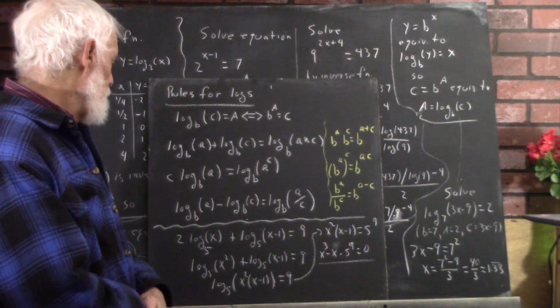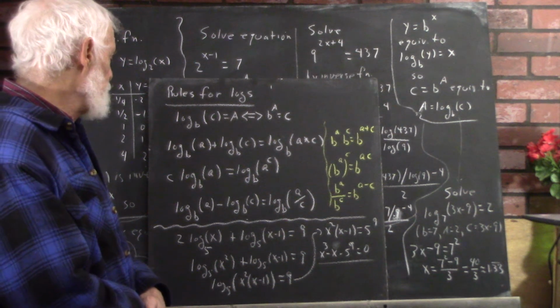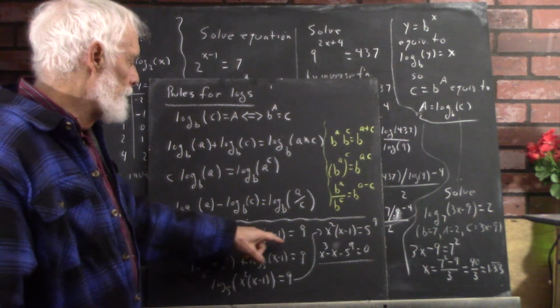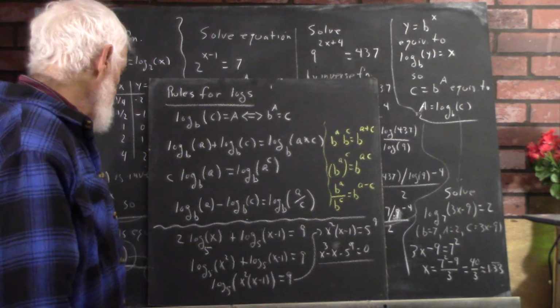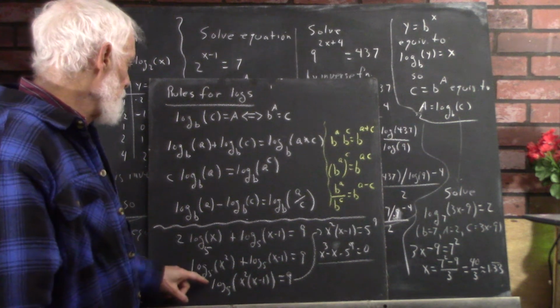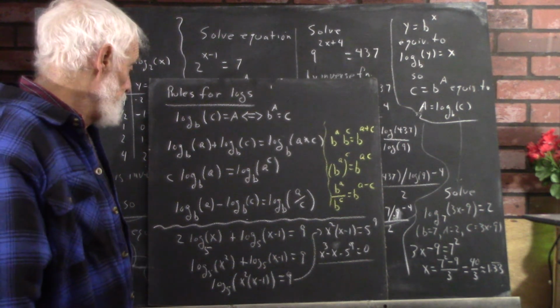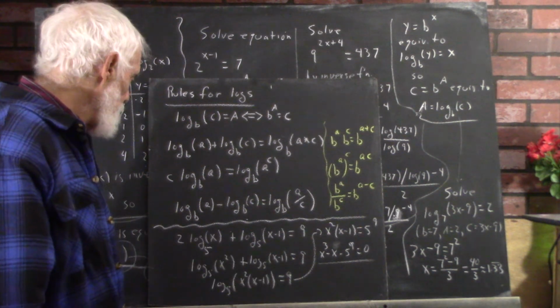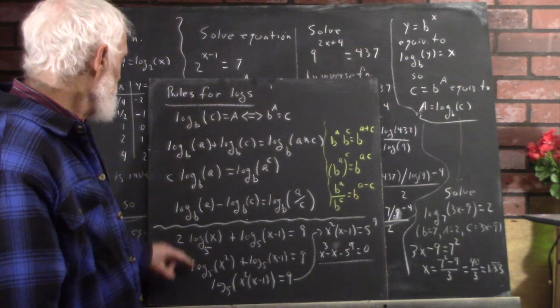So let's just take an example of an equation. 2 log base 5 of x plus log base 5 of x minus 1 equals 9. Well, 2 log base 5 of x is log base 5 of x squared. And that's added to the log base 5 of x minus 1. And that's by application of this rule.